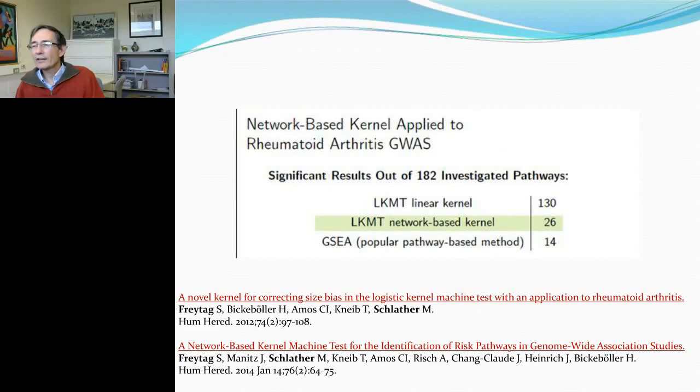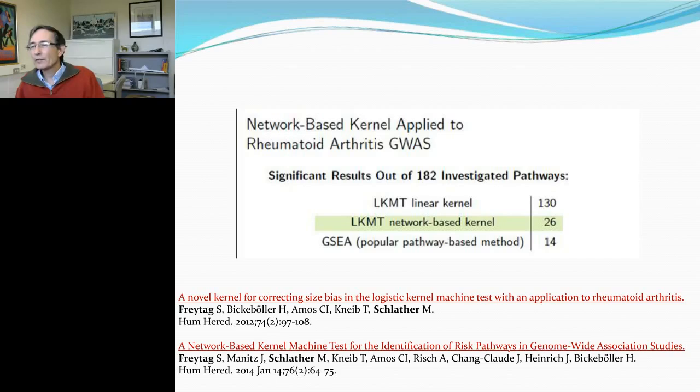In this application, a similar analysis was conducted of the North American Rheumatoid Arthritis Consortium data, and 3 different methods were applied: a linear kernel machine test with a linear kernel alone, one with a network-based kernel, and then one using Gene Set Enrichment.